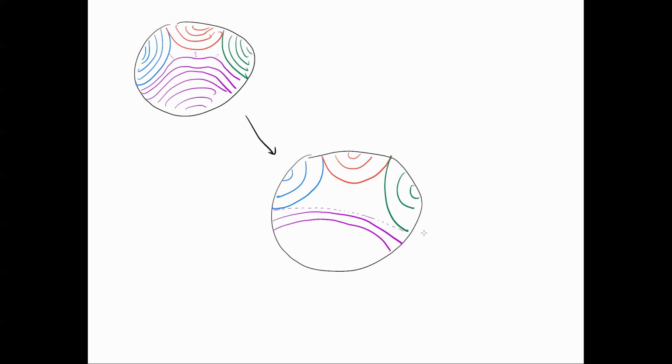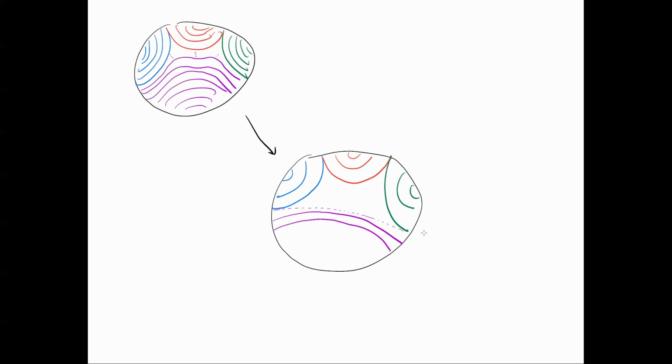So what happens is that if you have an Anosov flow, or pseudo-Anosov flows, then the picture you get is some sort of picture like this. It's always something obtained from a full lamination by removing at most one side from each gap. That's the worst thing that can happen.